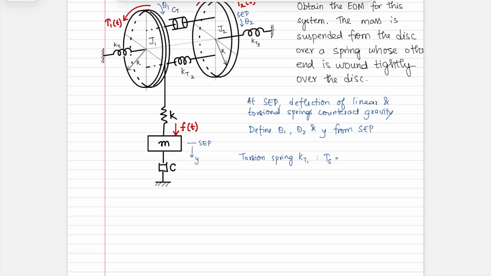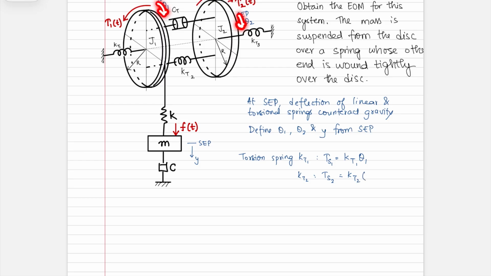It would have tau s equal to kt1 theta 1, right? Because one end is fixed, the other end is rotating by theta 1. Let's now name this tau s1, and this tau s2 would be equal to kt2 times what?